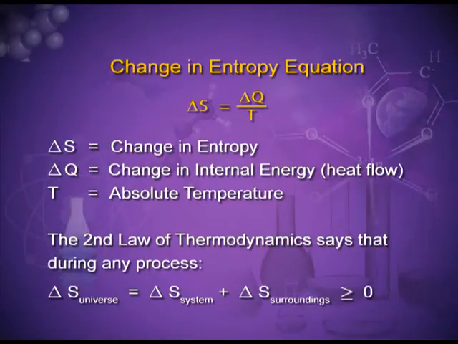Let's see. Mathematically, entropy change is equal to Q upon T, where Q is the heat absorbed and T is the temperature at which the heat is absorbed. The second law of thermodynamics says that during any process, the change in entropy of the universe is equal to the change in entropy of the system plus the change in entropy of the surroundings, and it should be greater than or equal to 0.